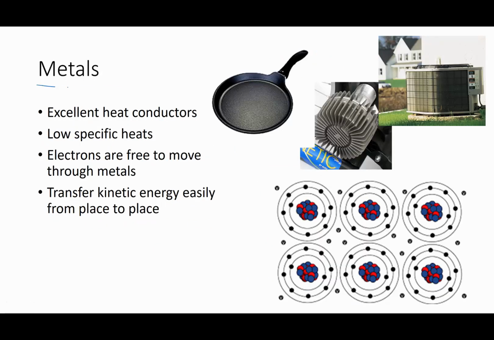Now, metals are good heat conductors. They have very, very low specific heat. And one of the primary reasons they have low specific heat and are such good heat conductors is because they have free electrons. If you remember from chemistry, most metals have 1, 2, or 3 outer or valence electrons that are free to move. And in a metallic bond, there's kind of a soup of free electrons that sort of surround these metal atoms.